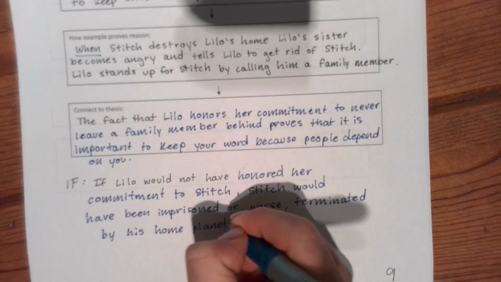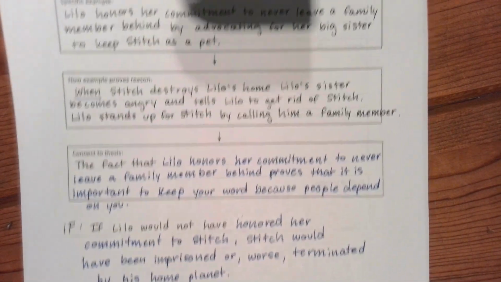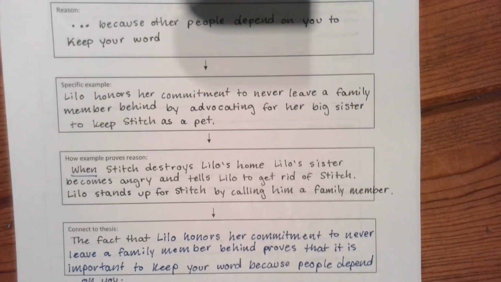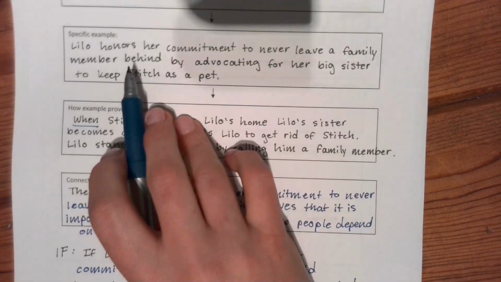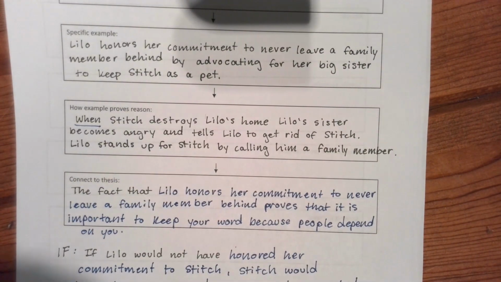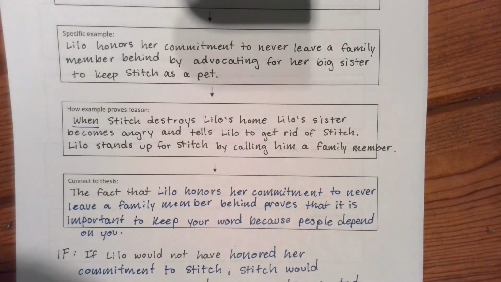Now we can read our entire example together to get our full second body paragraph. So starting with our specific example. Lilo honors her commitment to never leave a family member behind by advocating for her big sister to keep Stitch as a pet. When Stitch destroys Lilo's home, Lilo's sister becomes angry and tells Lilo to get rid of Stitch. Lilo stands up for Stitch by calling him a family member.